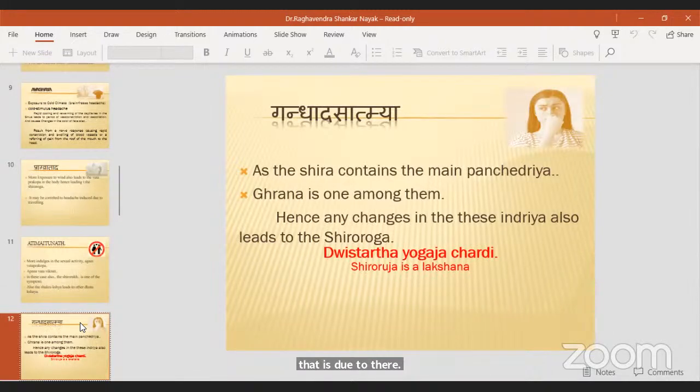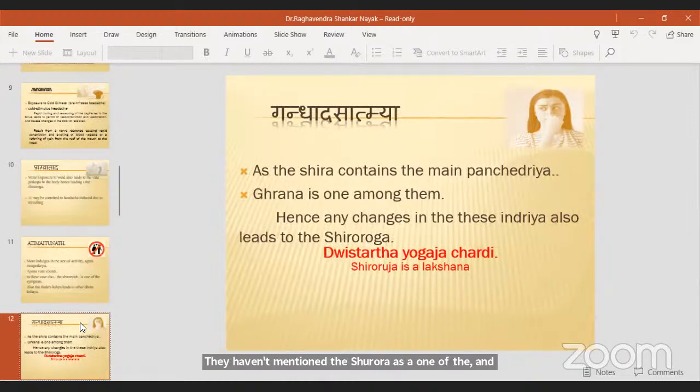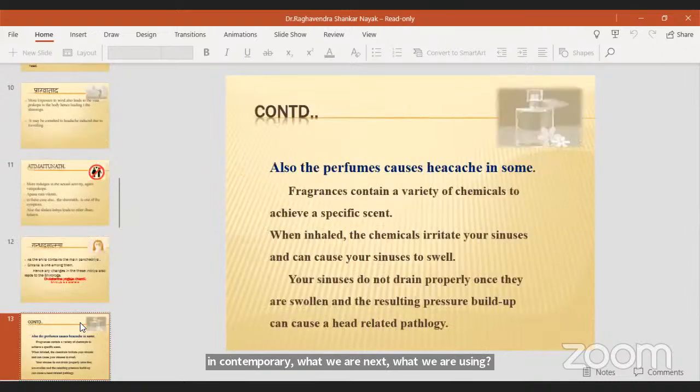In contemporary times, we are using perfumes and such, which also cause Shiroroga. Next slide. Perfumes also cause headaches. Some fragrances contain a variety of chemicals to achieve specific scents. In the preparation of scents, they use multiple chemicals that may be compatible with one person, while another person may get a headache.